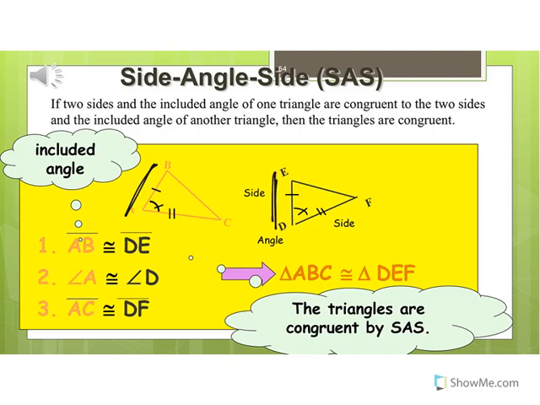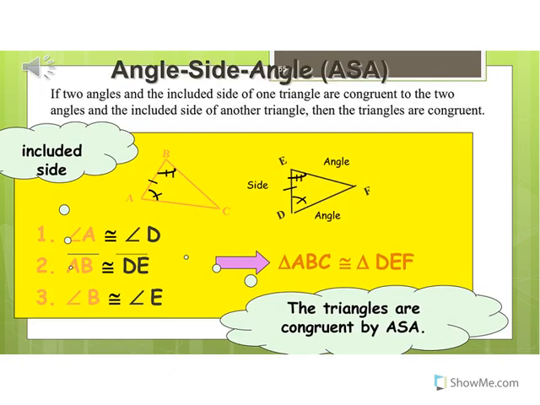And the angle A is congruent to angle D. So then this is angle A and this is angle D. And segment AC is congruent to segment DF. So notice that the angle A and D are between the 2 sides. So if we are able to prove that the 2 sides and the included angle of one triangle are congruent to the 2 sides and the included angle of another triangle, then the 2 triangles are congruent by side angle side.